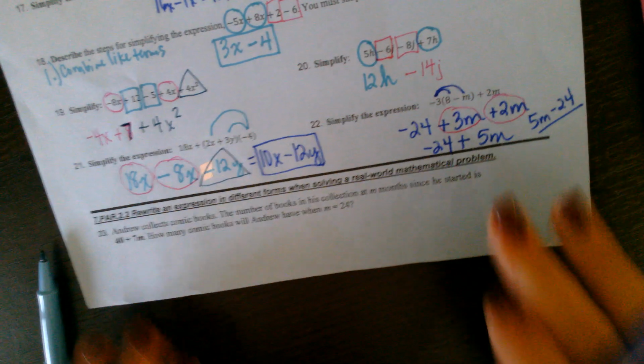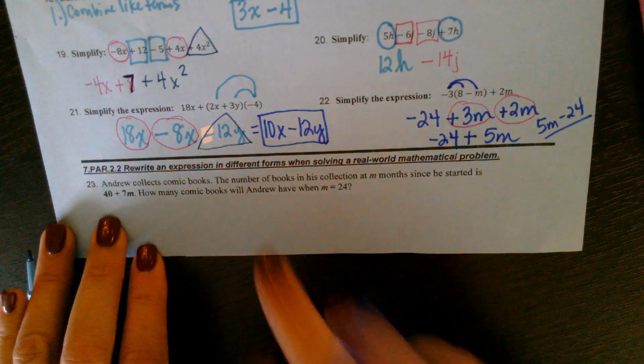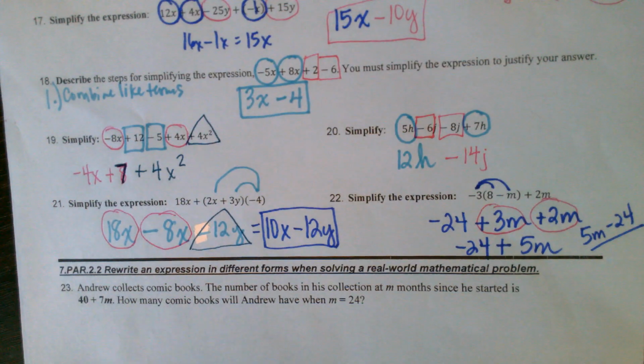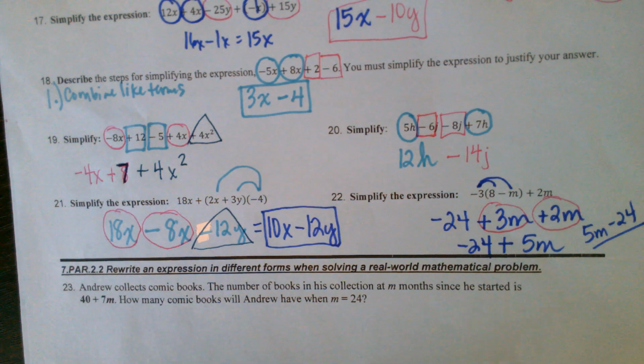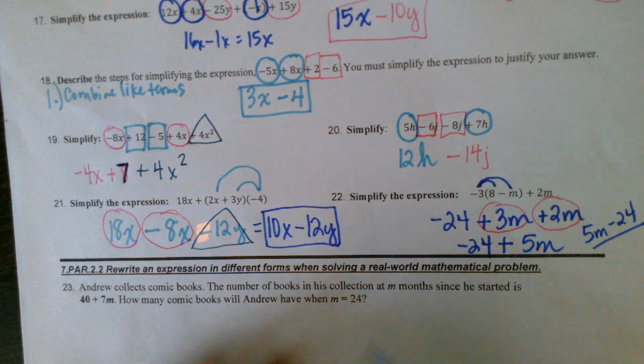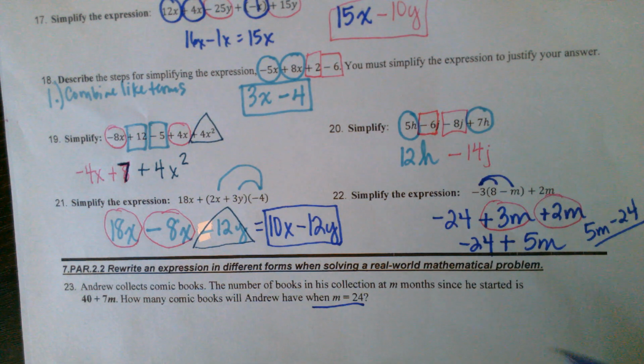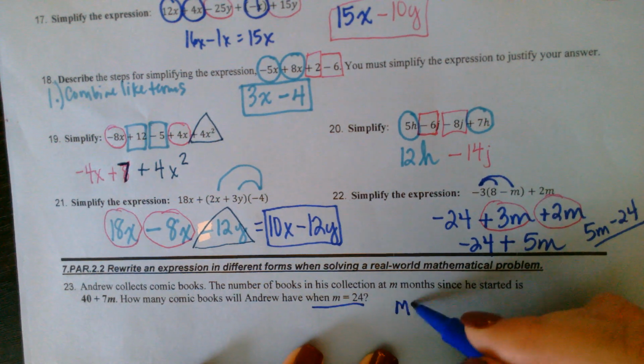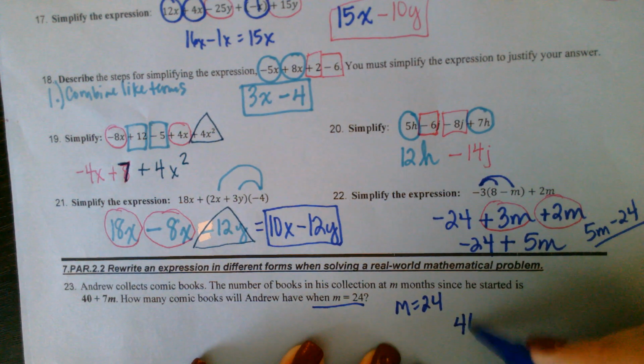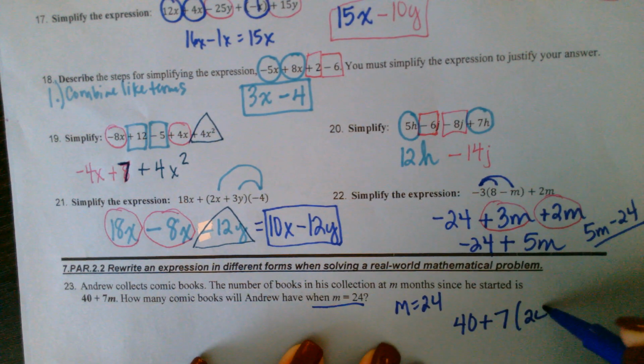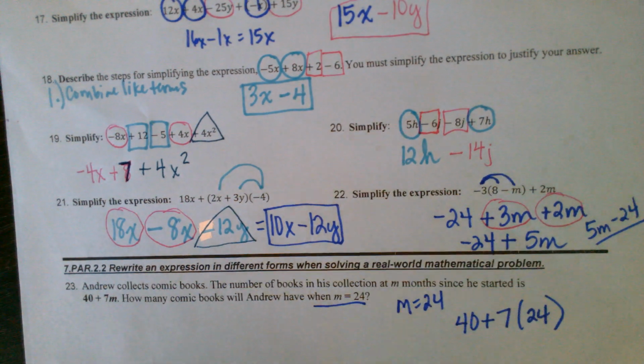All right, moving on to the next, being able to use those algebra expressions in word problems. So being able to construct it in a real world situation. Andrew collects comic books. The number of books in his collection at m months since he started is 40 plus 7m. How many comic books will Andrew have when m equals 24? So you're just substituting. So if m equals 24, what is 40 plus 7 times 24?